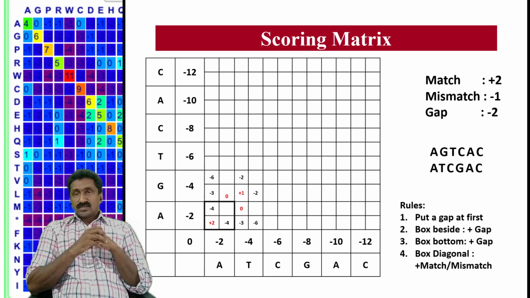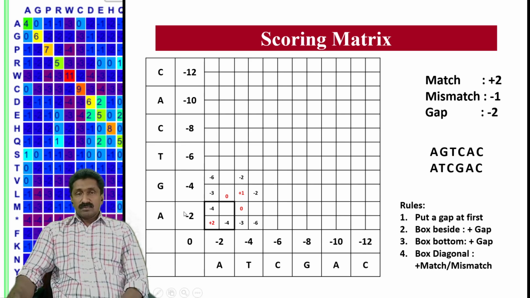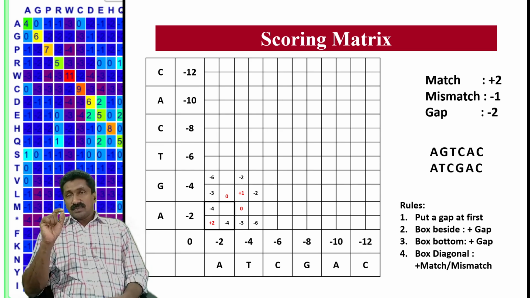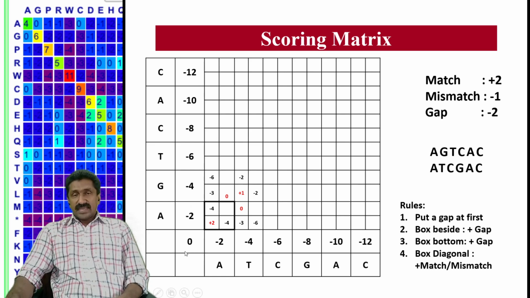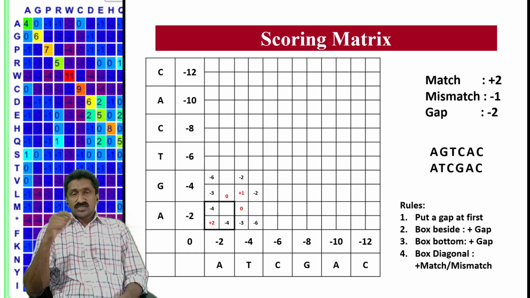In both gap cases, if you are moving horizontally or vertically, you have to apply the gap value of -2. Whereas if you are moving diagonally, then if there is a match, you will add +2.